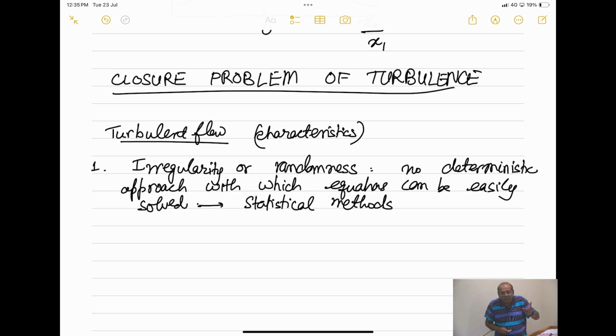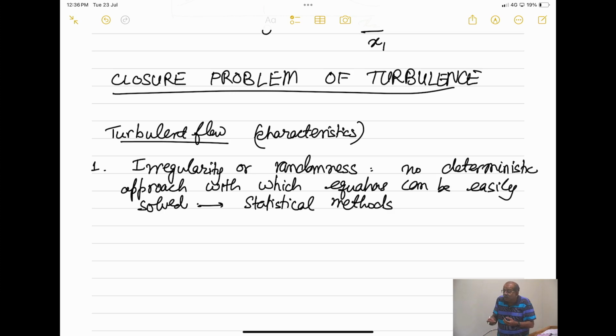And that is where modeling started coming in. In fact, models started coming up from about the 50s onwards. The first more complex models came in the 70s, but then the models also started becoming complicated.